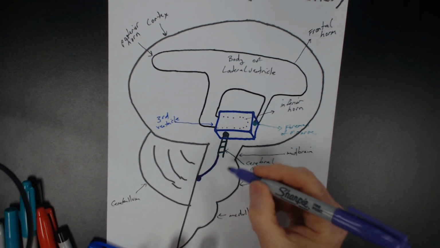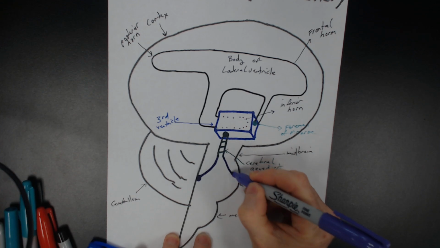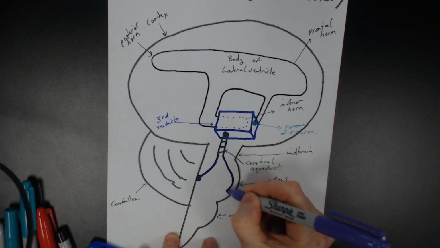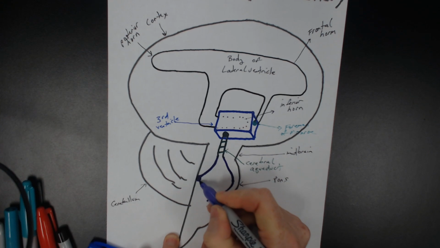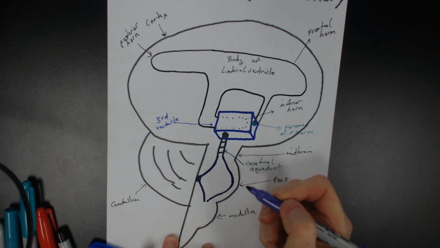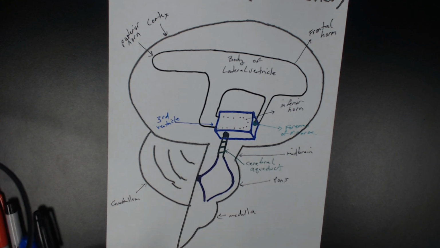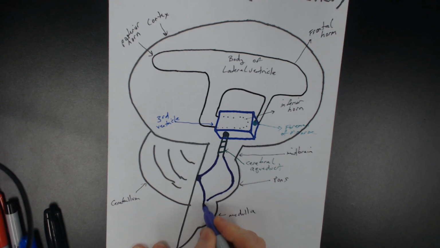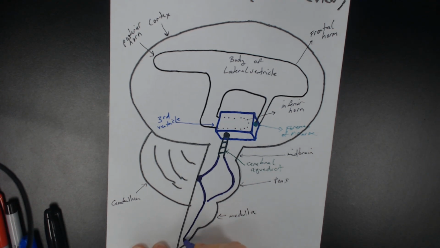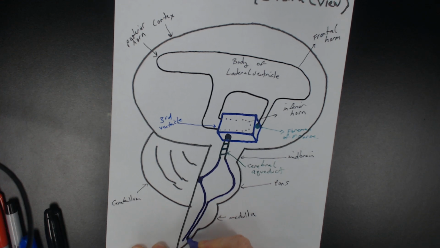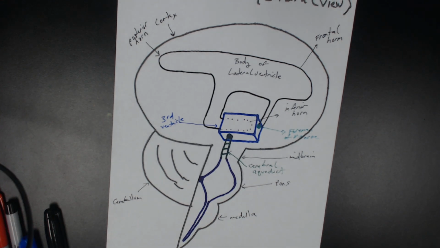And then it travels forward and then down like that. And then it makes a connection. There's a channel here through the middle of the spinal cord that's known as the central canal.